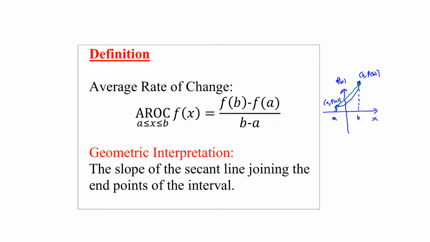It is called the secant line. Therefore, the geometric interpretation of the average rate of change of f of x over an interval is the slope of the secant line joining the endpoints of the interval.